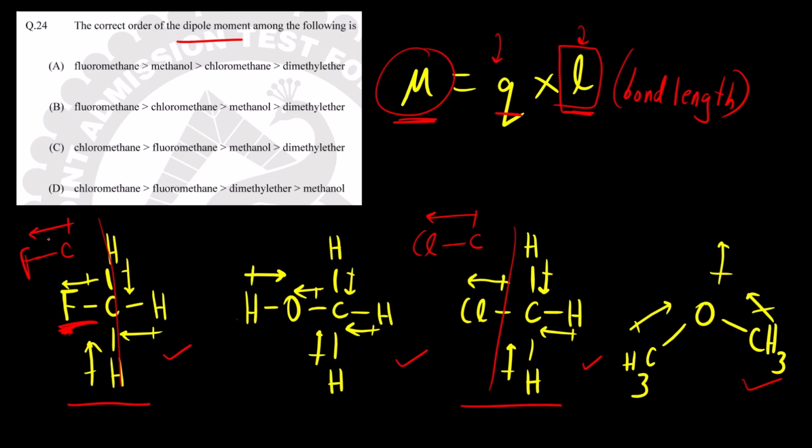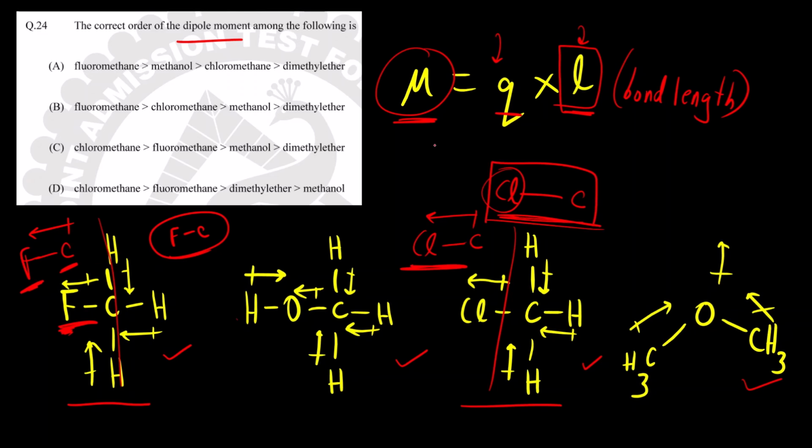But fluorine is smaller in size, so the CF bond will be shorter, and the CCl bond is going to be longer because the size of chlorine is bigger. So the CCl bond is greater, so chloromethane will have the maximum dipole moment, then fluoro.